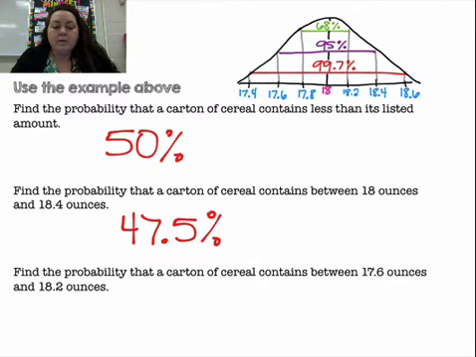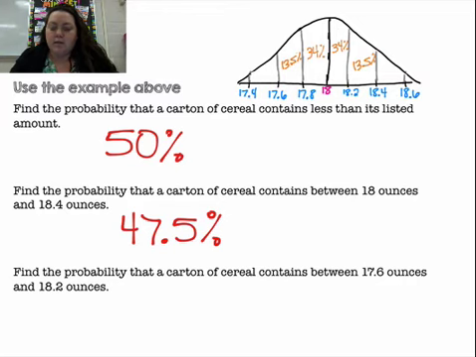And then the next one says find the probability that a carton of cereal contains between 17.6 ounces and 18.2 ounces. I'm going to look at this one by breaking it down into halves, instead of 68, 95, 99.7: 34, 34, 13.5, 13.5, 2.35, 2.35. So that'd be everything in here.